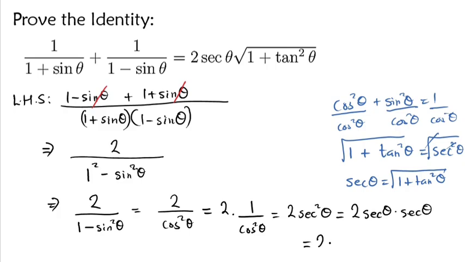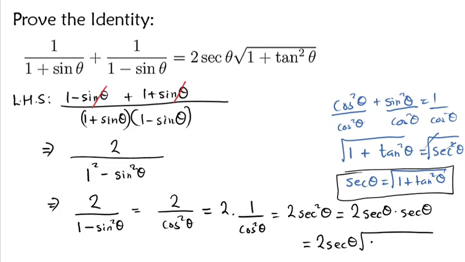Now, 2 sec multiplies another sec, but the second sec can be replaced by this square root. So I'll say multiplied by the square root of 1 plus tan squared theta. So there we have it. That's the identity.